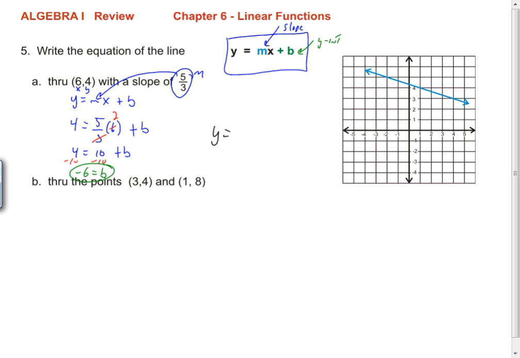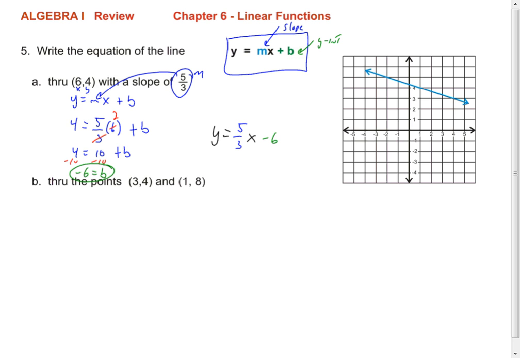As soon as you know m and you know b, you're ready to write the equation of the line. I have a slope of 5/3, and I have a y-intercept of negative 6. Now, I can graph that. Y-intercept of negative 6, and that's going to get me a little bit off my chart, but that's okay.